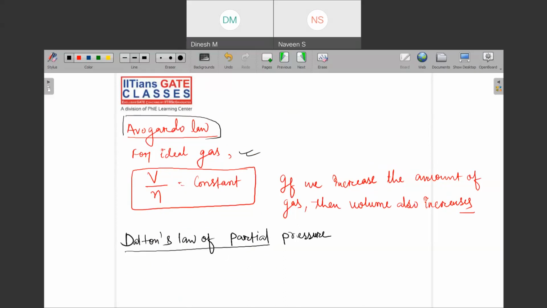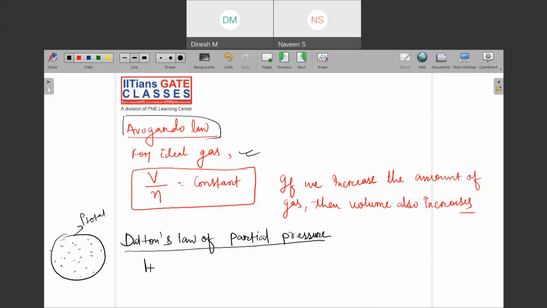What this law says is, let us say that you have a mixture of n number of gases in a container, let us say hydrogen, oxygen, helium, nitrogen, and various other gases. Then it will ask you what is the total pressure of this chamber? What is P total? This is the law helping us to find partial pressure.